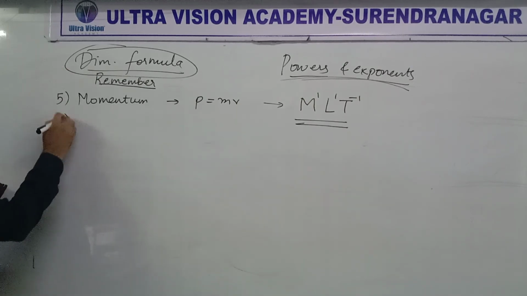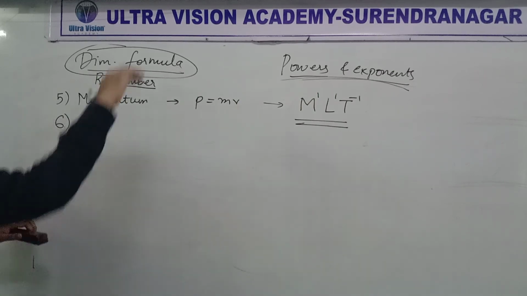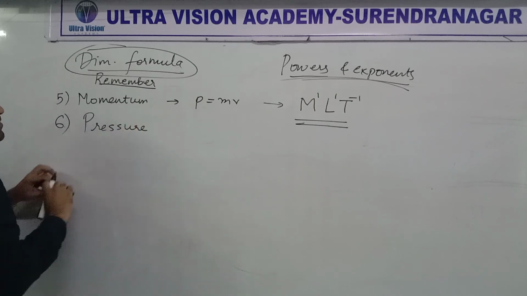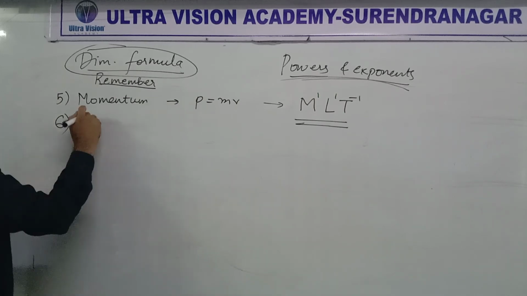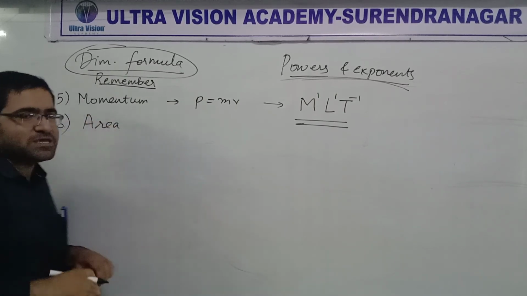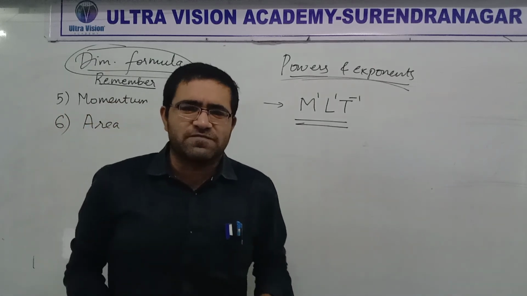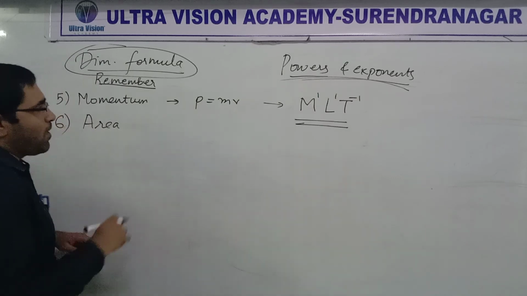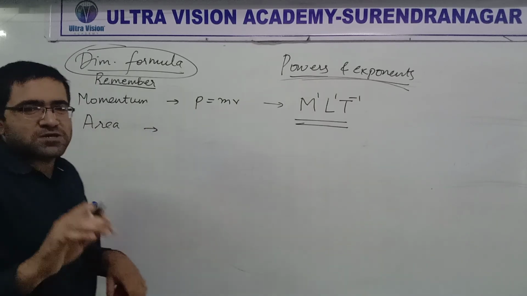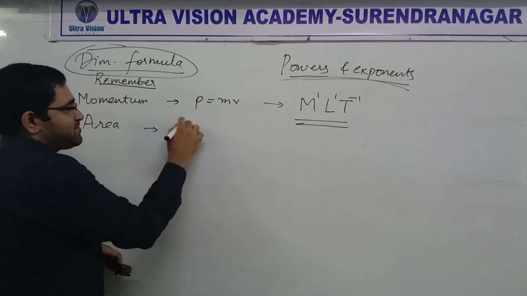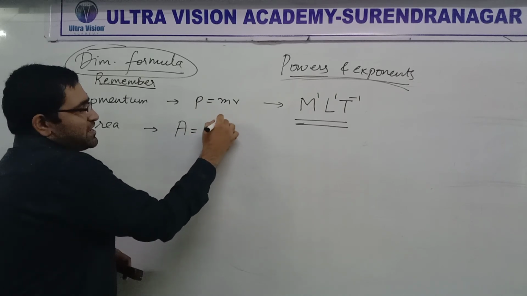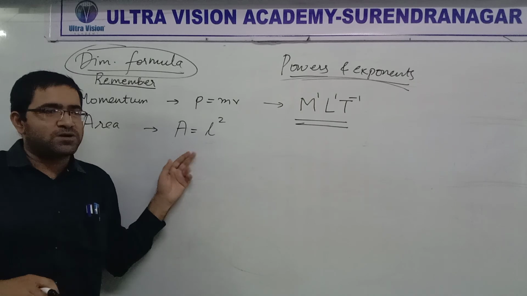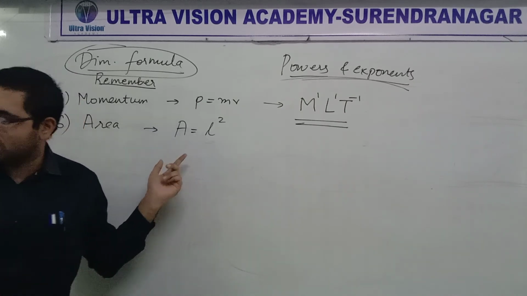Next, after momentum, let's go to pressure. No, first, just one: area. Any kind of area: surface area, curved surface area, total surface area, flat area. All areas use a very simple formula. Area's formula in general is L square.